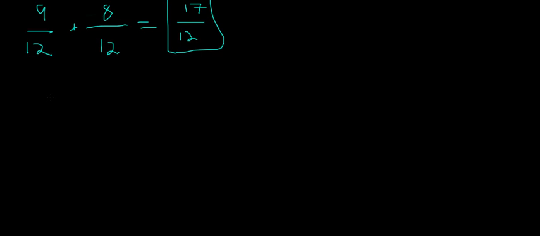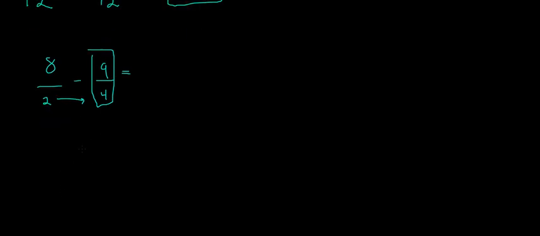So let's do one with 8 over 2, take away, I don't know, 4 over 9. Well, common denominators, that's 2, so 4 is going to stay the same because 2 goes into 4.